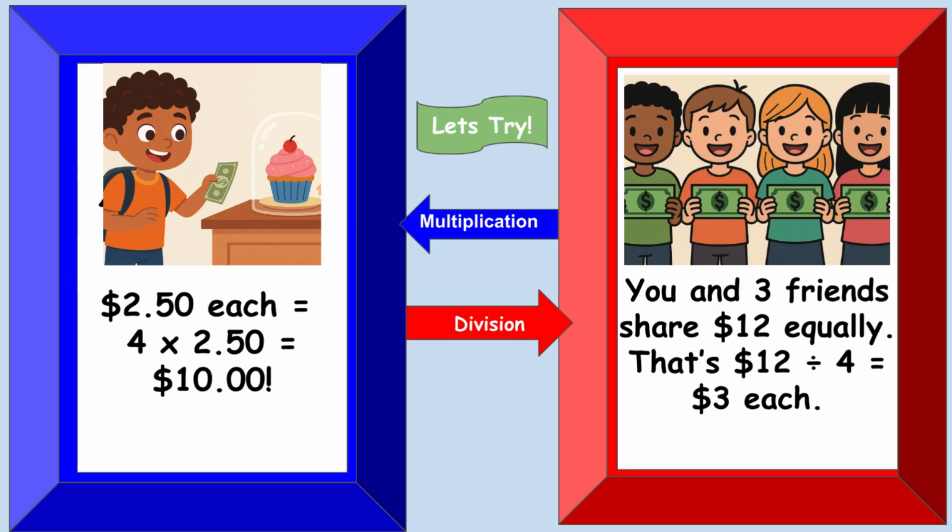Or I could say $2.50 plus $2.50 is $5. $2.50 plus another $2.50, that's $5. 5 plus 5 is 10. Here you have 4 friends, they're sharing $12 equally. That's $12 divided by 4, and they each get $3.